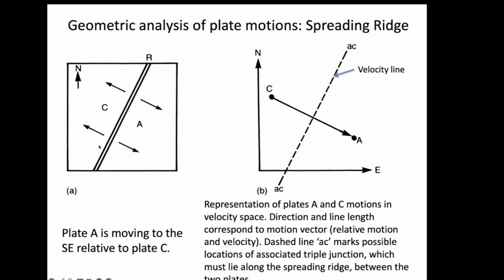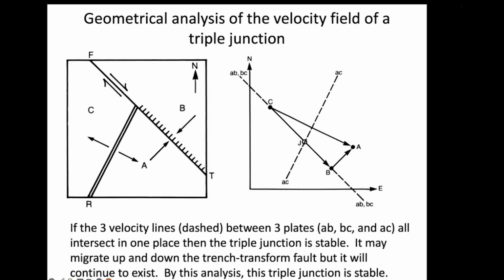All right. So put it together. Here we're putting all of these three geometric analyses for each of the junctions together. There is the motion of A relative to C. A relative to C is perpendicular to this velocity line AC. And B and C and B and A are both moving along this trend.